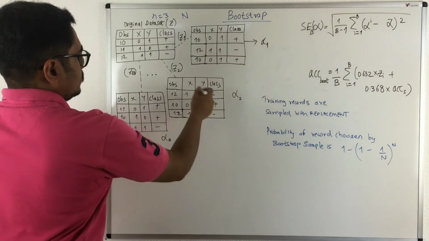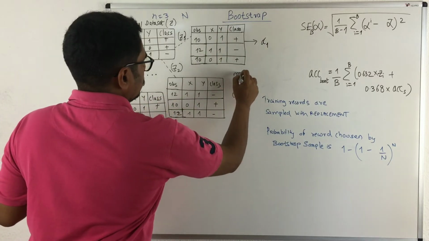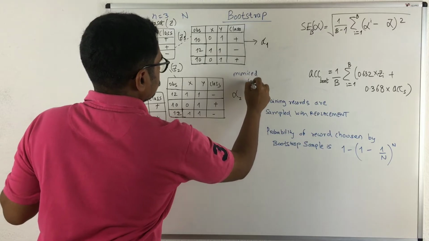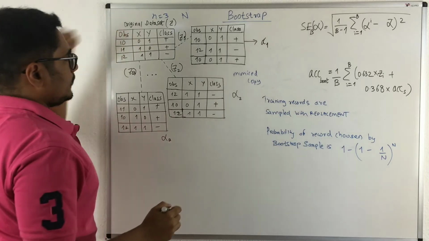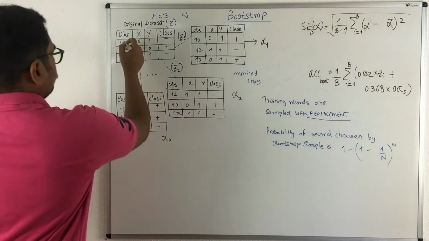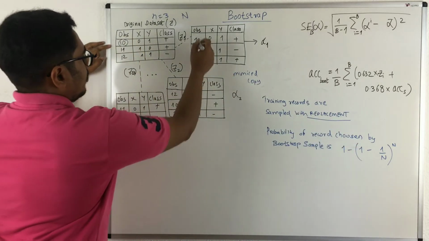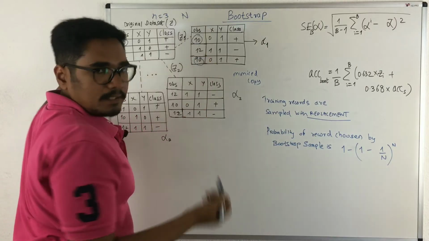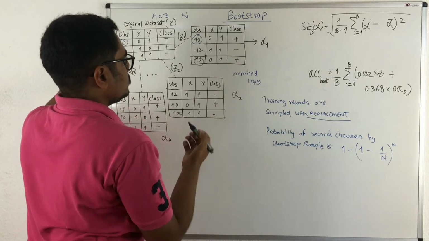So what you can see are the mimicked copies of the original data set. What I said is that it is with replacement, meaning instance 10 can appear twice or any number of times. So there is an estimate given.